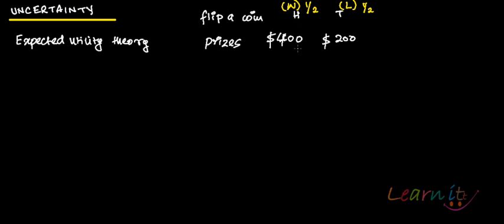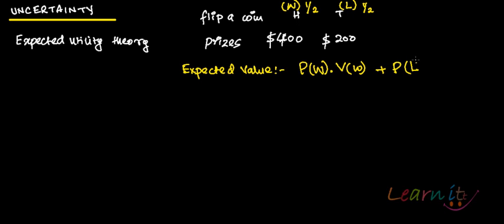Now we want to know my expected value. In case I enter into this gamble, what is the expected value of my wealth? It is the probability of winning times the value of winning, plus the probability of losing times the value of losing.